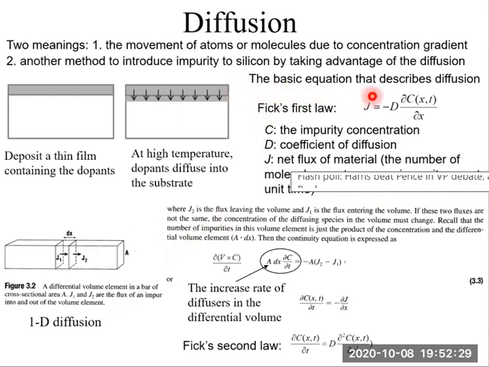The basic equation that describes diffusion is Fick's first law. Namely, J is equal to negative D partial C over partial x.